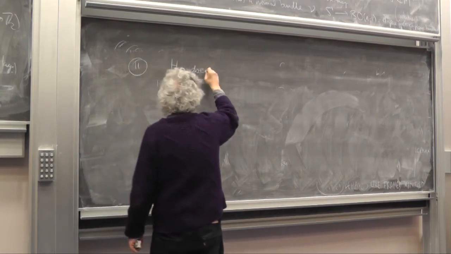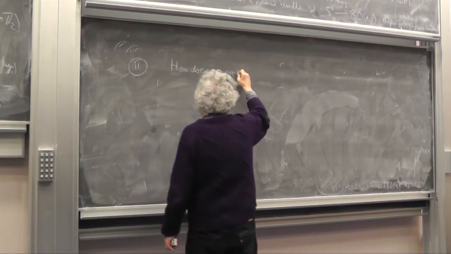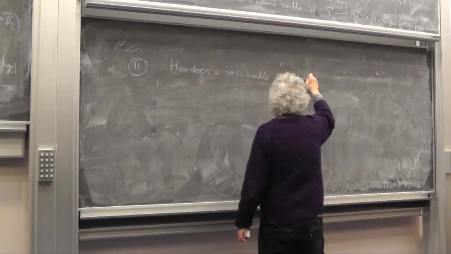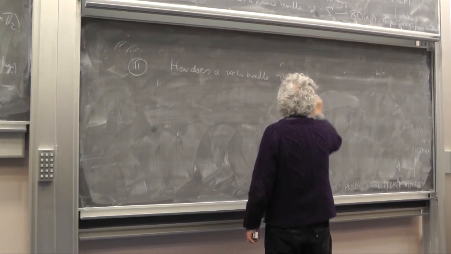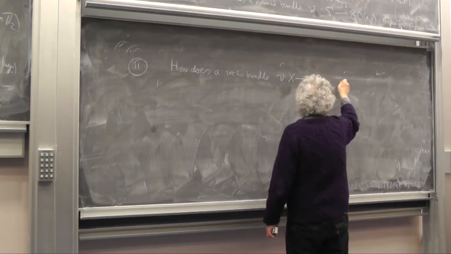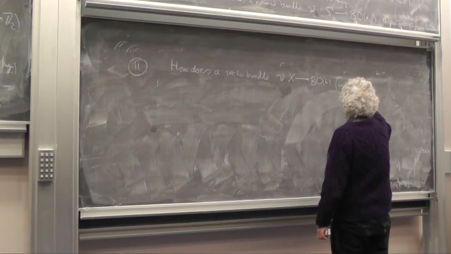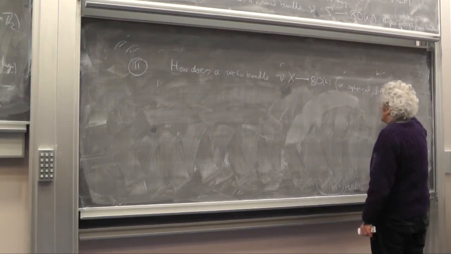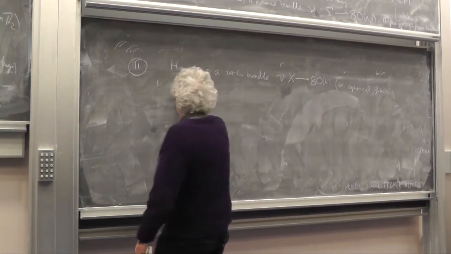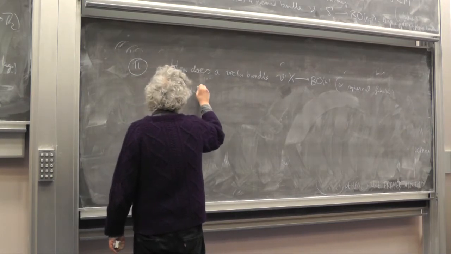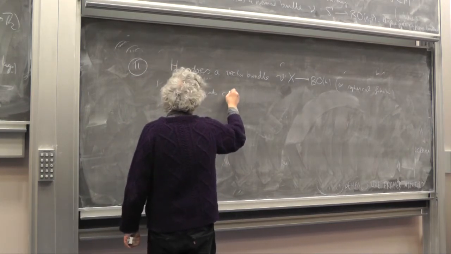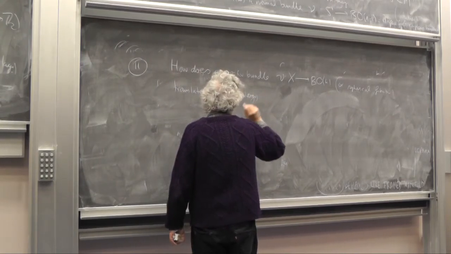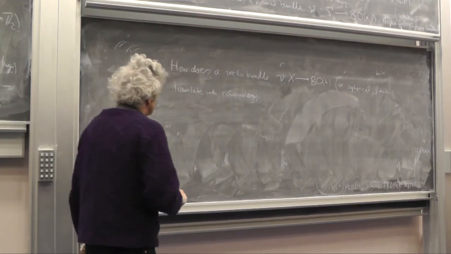Now we're doing the section. How does a vector bundle eta, let's call this space some space X, or in fact a sphere bundle or spherical fibration, translate into cohomology? Well, I'll make life very simple for myself by working with mod 2 coefficients.